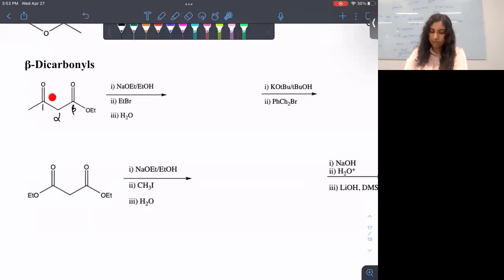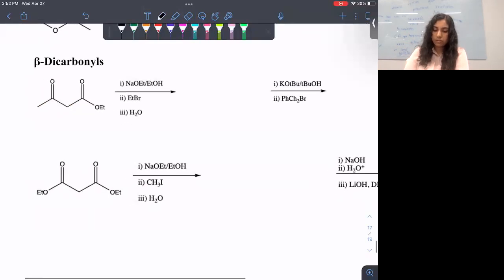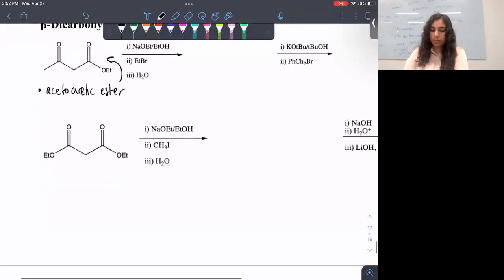So there's a carbonyl here, and on carbon beta there's another carbonyl, so it's a beta dicarbonyl. There's two synthetically useful beta dicarbonyls. The first one is the acetoacetic ester, that's the name of this molecule right here. And then the one on the bottom is called your malonic ester.